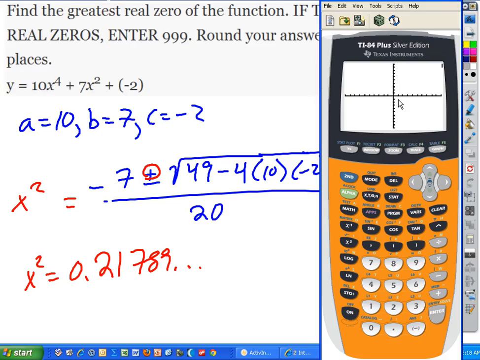And remember that the x-intercepts are the real zeros. Imaginary zeros aren't x-intercepts, but the real zeros correspond to x-intercepts. So I can go find this one right there. Second calc, what do I want? If I'm looking for the x-intercepts, zero, yeah. Same thing as a zero, isn't it? So we'll look for zero, hit number 2. That's a good left boundary.